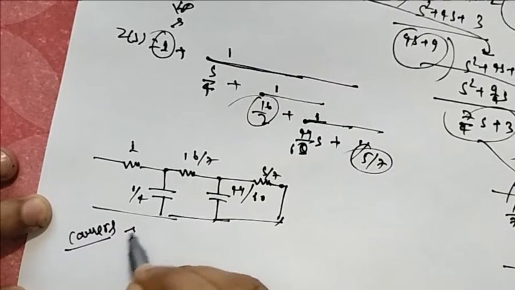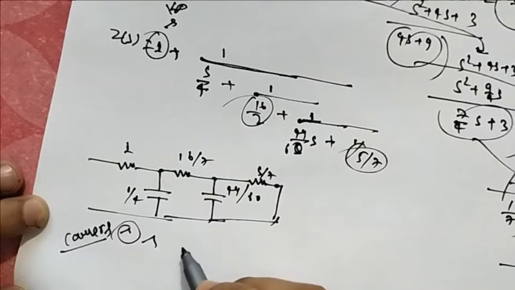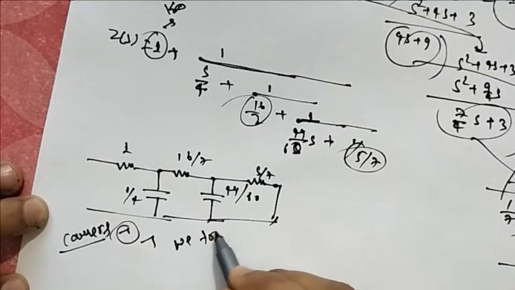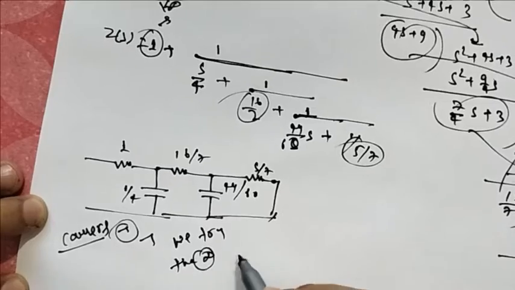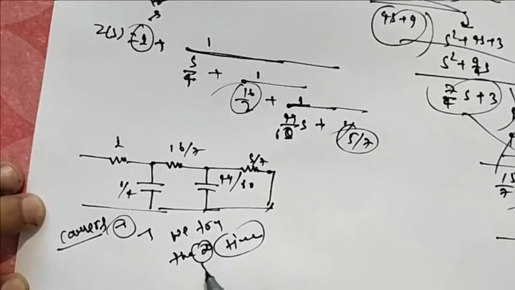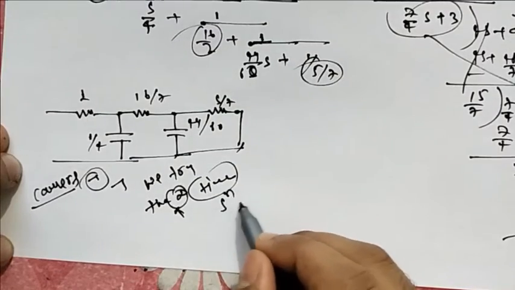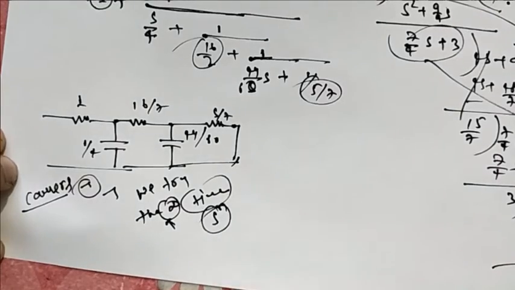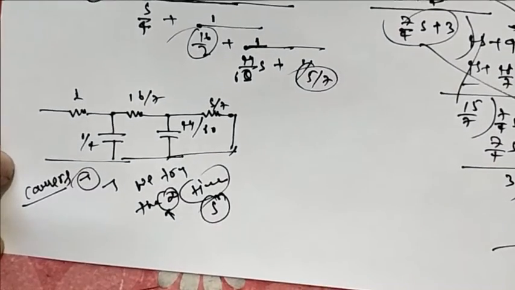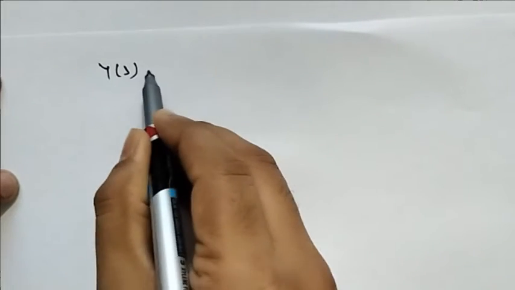Here we need to remember that we try to eliminate the infinite term. In order to eliminate the infinite term, we start with the highest power and the continued fraction we can go on. Now let me take the Cauer 2 form. Now if I take Cauer 2 form, then I have to write the y of s.